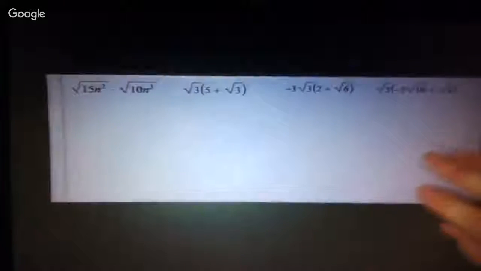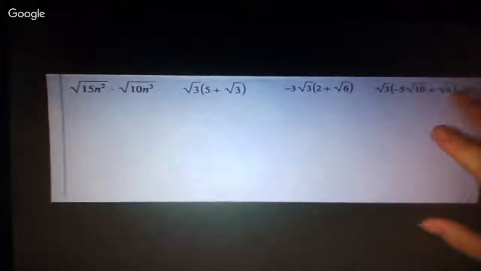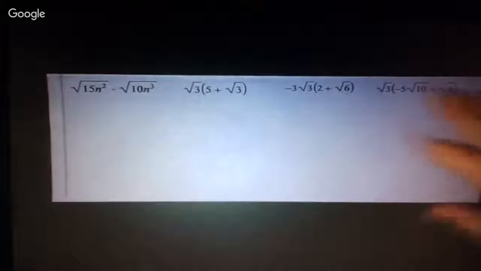Once you have it folded in half hot dog style, you can then open it back up to a full sheet. And then fold it hamburger style.